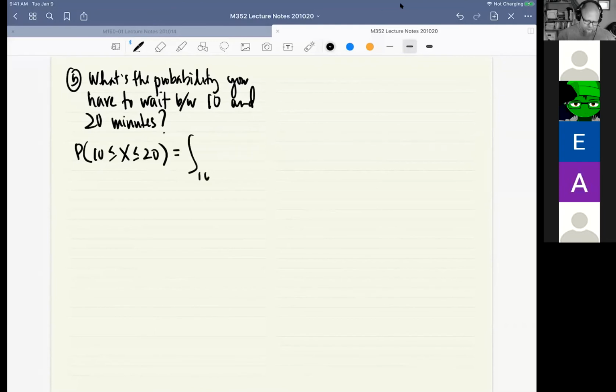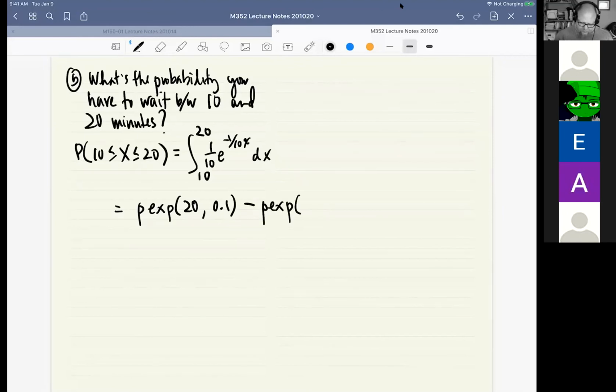So on the one hand, that's the integral from 10 to 20 of our probability density function. You could also couch that in terms of the cumulative distribution function, right? It's big F at 20 minus big F at 10. But using R, that would be pexp of 20, and then put the parameter of the exponential in there, minus pexp of 10, and put that parameter in there, right?